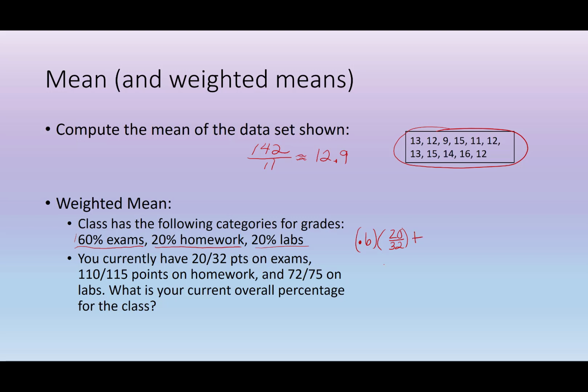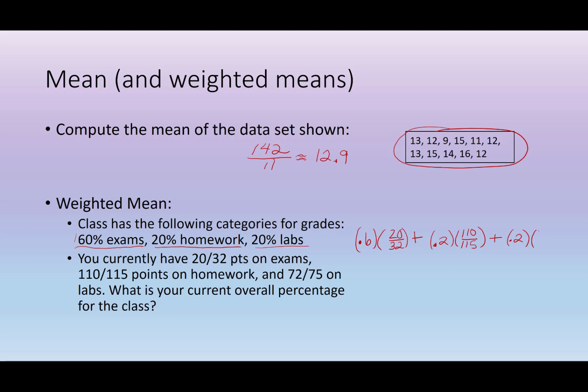Then I need to add in my next category, homework. My homework is 20%, so I need to use the decimal equivalent of that. And I currently have 110 out of 115 points. And then I have 20% for my lab, so I need the decimal for that.